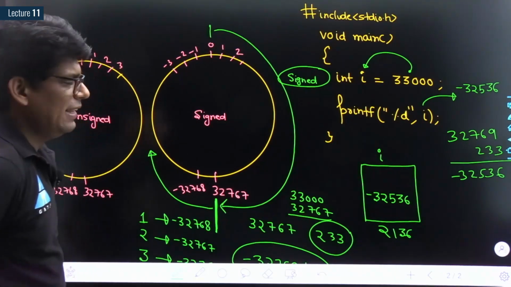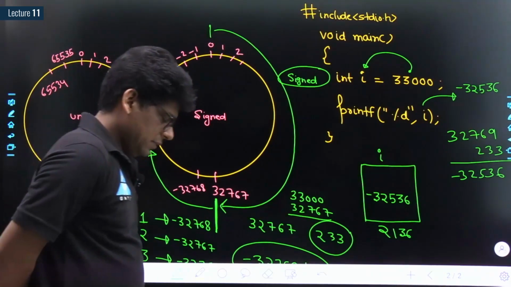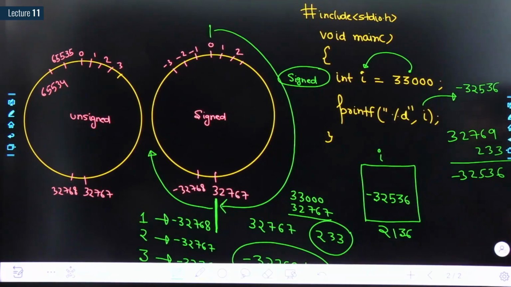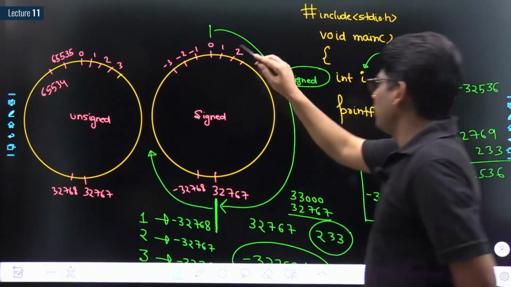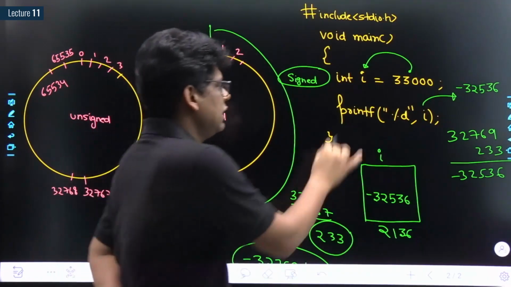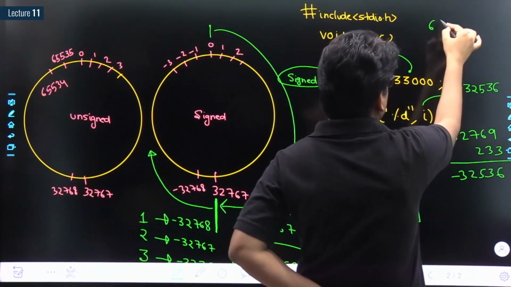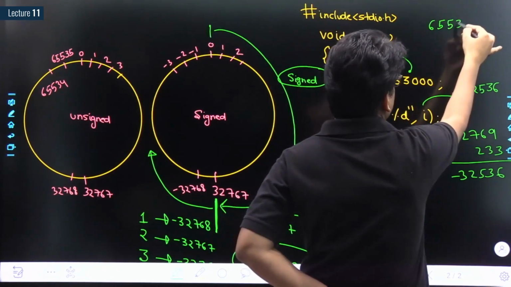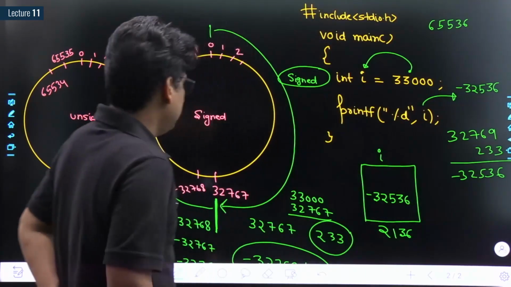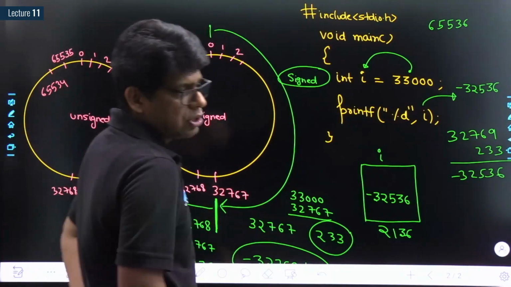Try to understand. Can we count it directly? Think about it. See, don't do this much calculation. What is the total number of values inside any circle? 65536. The value we have is 33000.